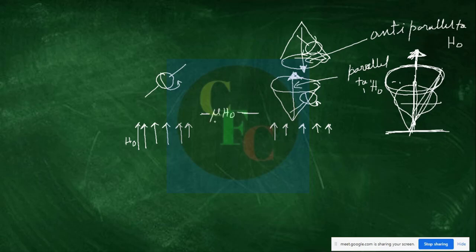Mu is the magnetic moment of the nucleus and H0 is the magnetic field, and this spin state will be plus mu H0. So what is the energy gap? This energy gap delta E equals twice mu H0. So this is our energy gap.